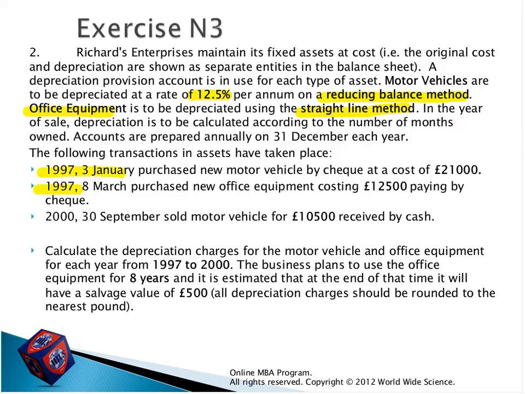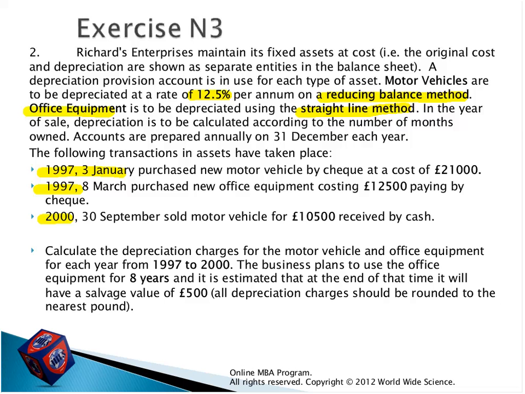And on the 30th of September 2000, it sold the motor vehicle for $10,500, received in cash. The first important thing is that we have two different kinds of assets: the motor vehicle, and the second one, the office equipment, right?